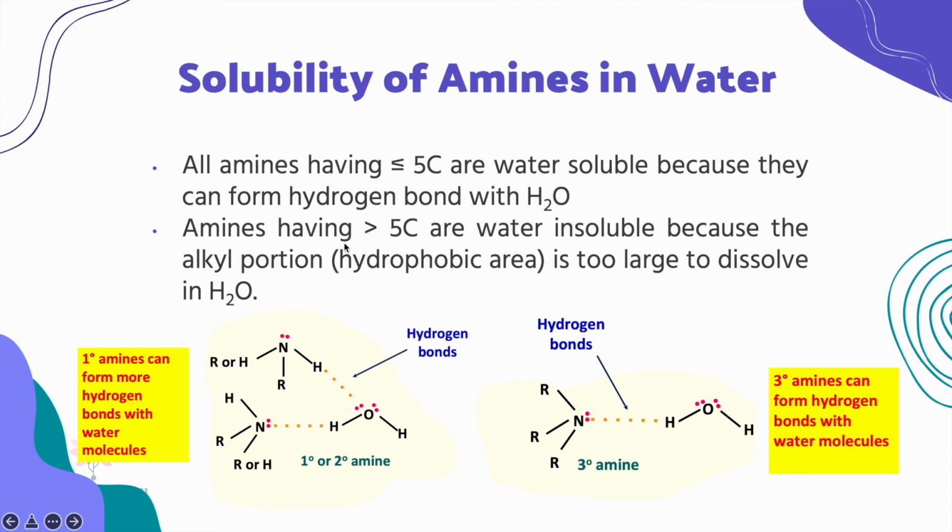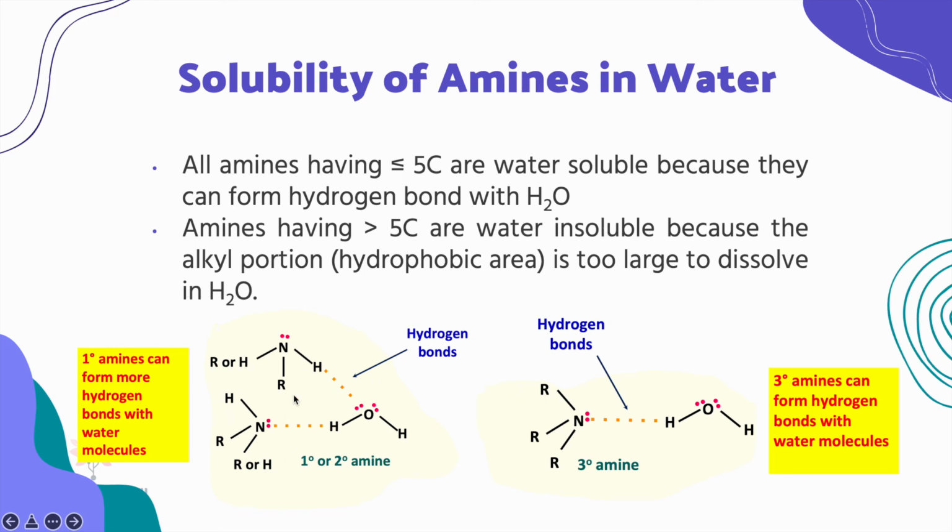But amines having more than 5, meaning 6 and above, are water insoluble because the alkyl portion, or hydrophobic area, the carbon part in the amine, is too large to dissolve in water. That's why amines with 6 and above carbons are water insoluble.